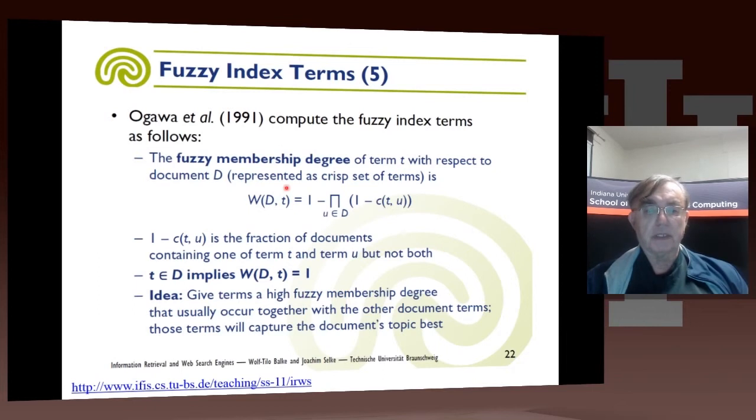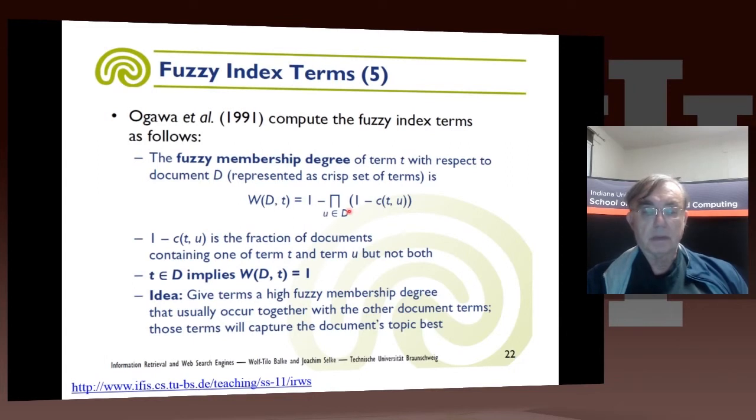This fuzzy membership is such that for every term T and every document D, there is a probability or membership degree attached to it, which is certainly going to be between 0 and 1.